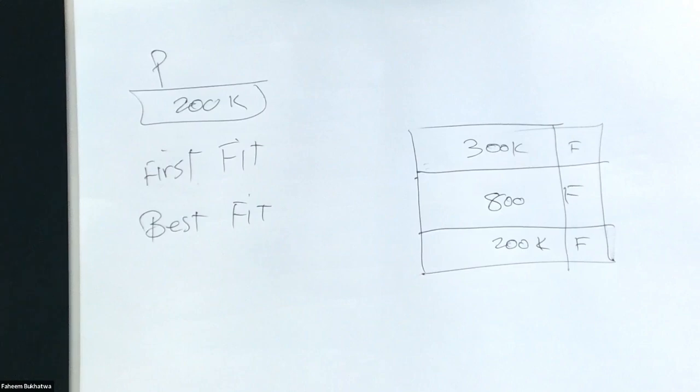Note the smallest difference until you finish the entire table. When you finish the entire table, you have decided which one is the best fit, the smallest one that fits. It may not be 200, it could be 210, but that's the most suitable one. You allocate that one. So this is called the best fit.